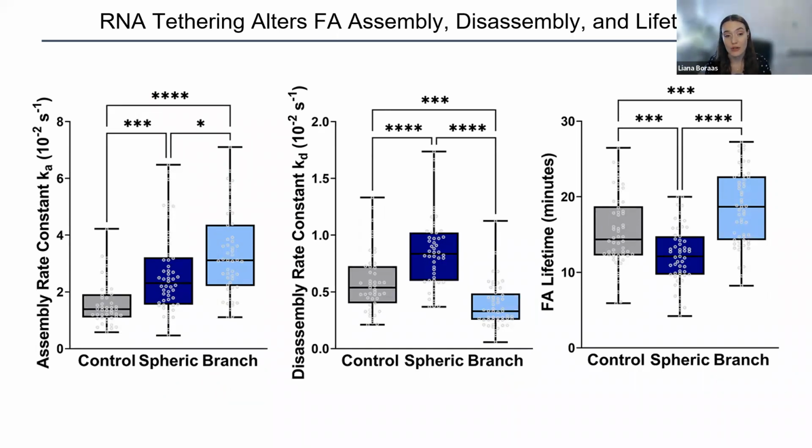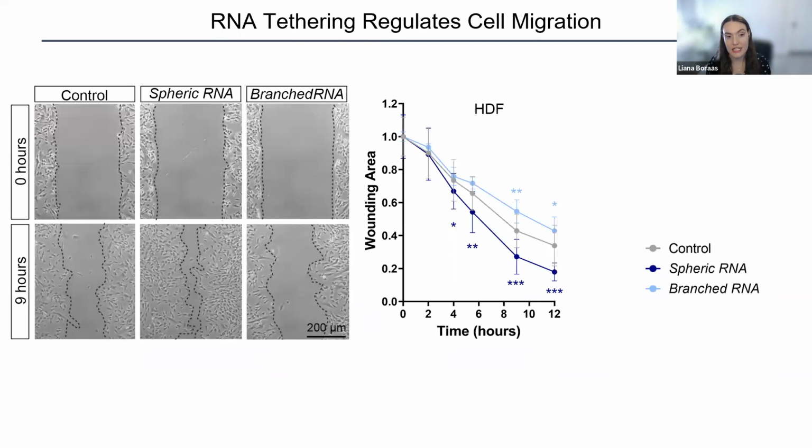Looking at migration, we think that the data is consistent because for the spheric RNA, which has very short focal adhesion lifetimes, we see significantly more migration over the course of 12 hours, whereas the branched RNA, which have longer adhesion lifetimes, have limited cell migration.